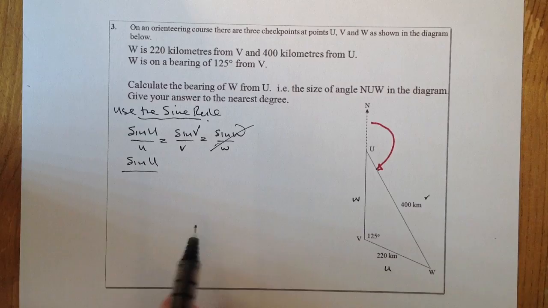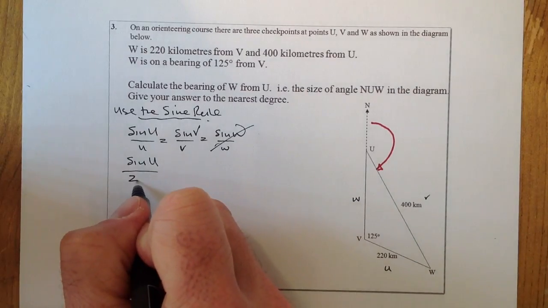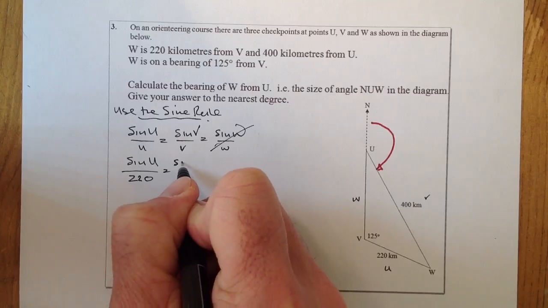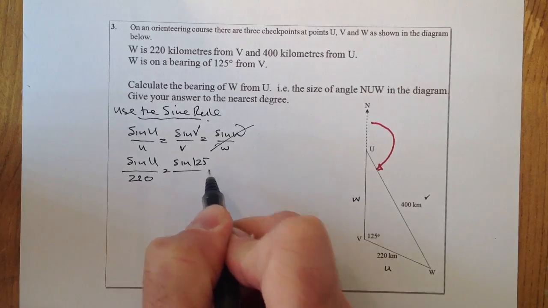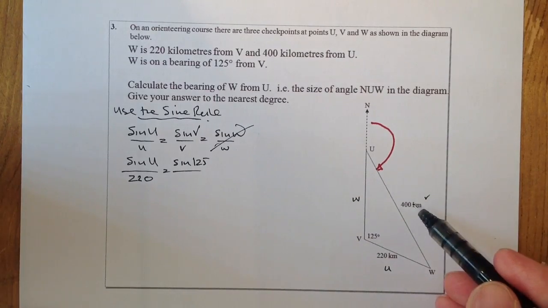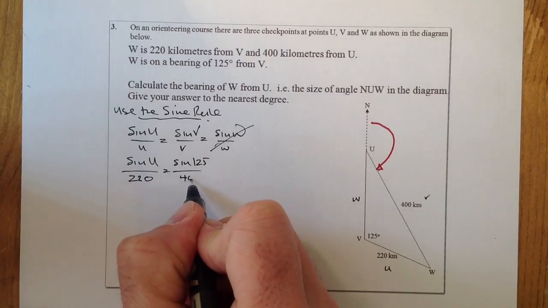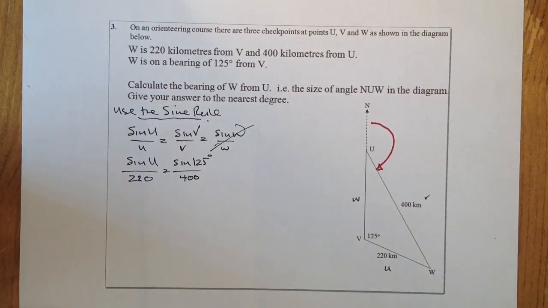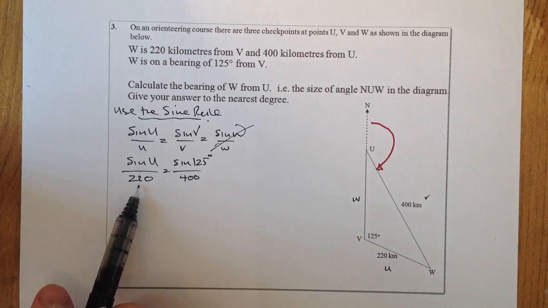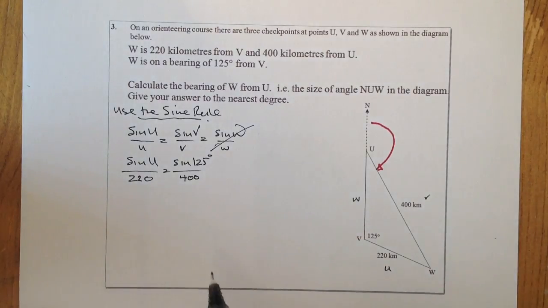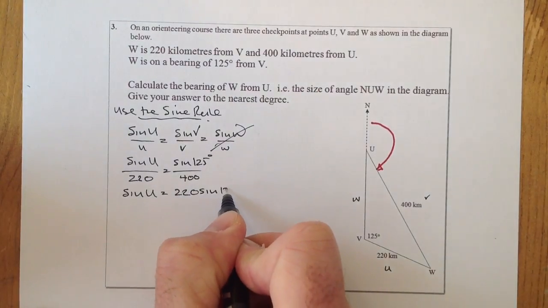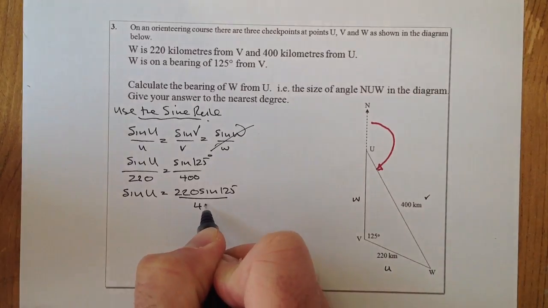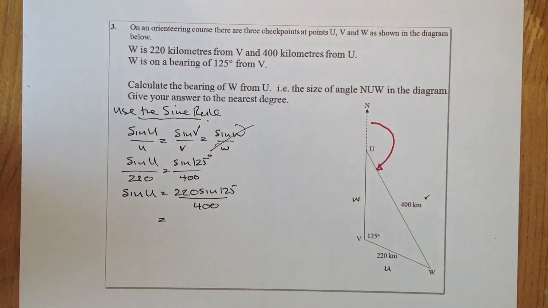So U is 220, and on the top I've got sine of V, which is 125, so sine 125, and below that we've got the 400. Dividing by 220, I'll take that over to the other side and multiply by it. So sine U is equal to 220 sine 125, all divided by 400.